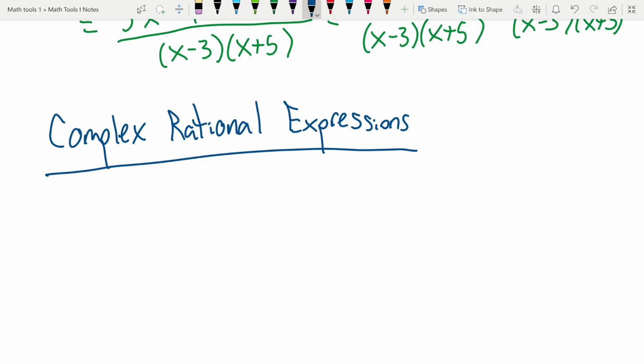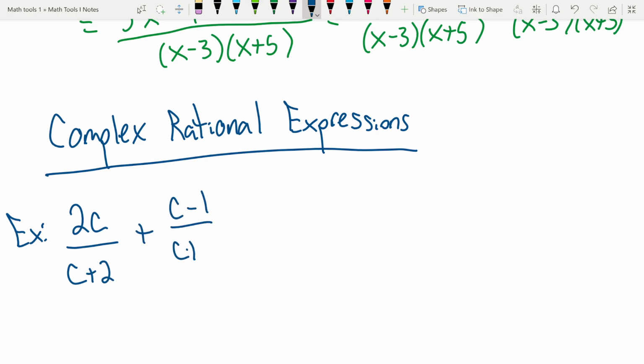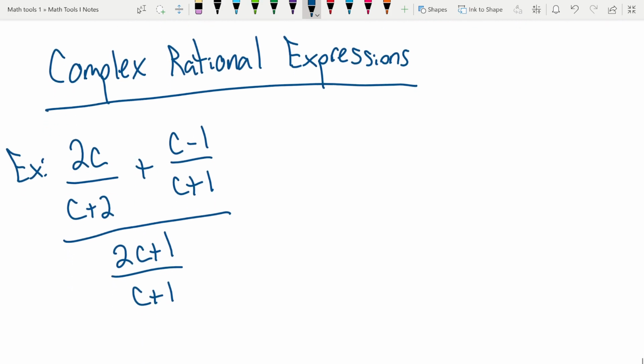So let's just do it as an example. We have 2c over c plus 2 plus c minus 1 over c plus 1, divided by 2c plus 1 over c plus 1. There's a lot going on here, but there's nothing new going on here. We're just putting it all together now.